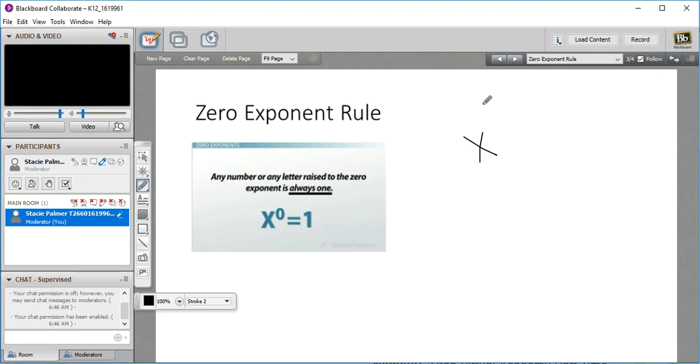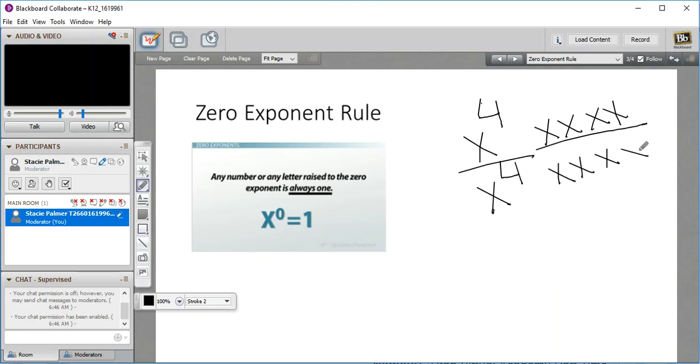Let's say we have x to the 4th power divided by x to the 4th power. You guys know that x to the 4th power is x times itself 4 times. So on the top, we would have x to the 4th, and on the bottom, we also have x times itself 4 times.